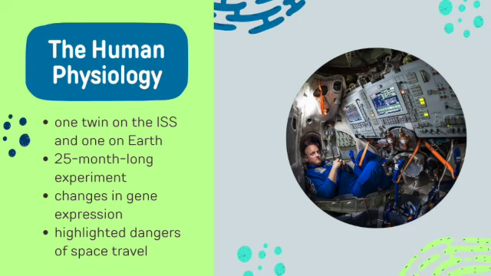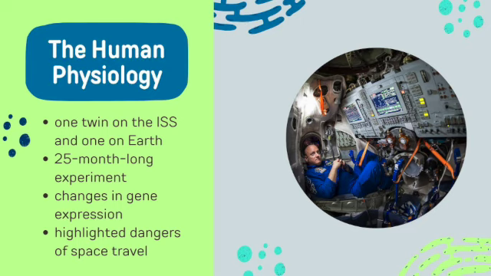Yeah, they collected a ton of data on these two brothers, and they collected data for a while before they sent the one up into the International Space Station. Then they collected data while he was there, and then they collected data after he got back as well.